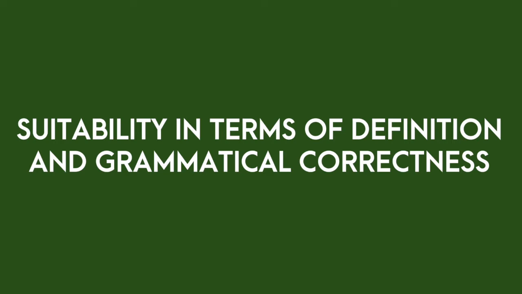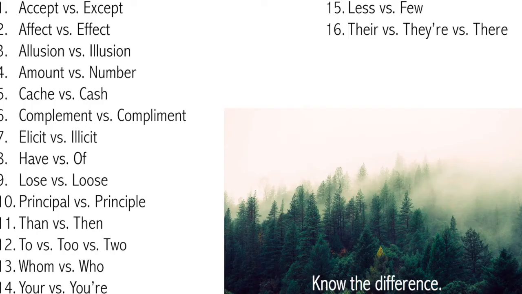So whether the word you're using has a definition that fits the context, and whether it makes sense grammatically. The second bit is more of a good hint if a word does not have good diction. If a word does not fit in grammatically, it is not the correct word to use, even though you might think it makes sense to use that word.